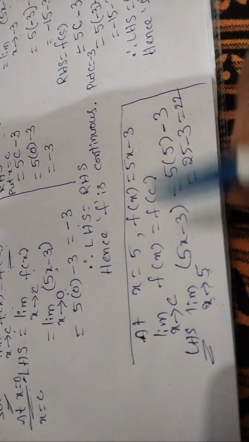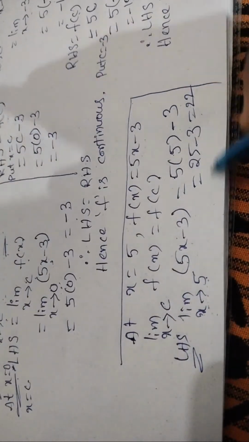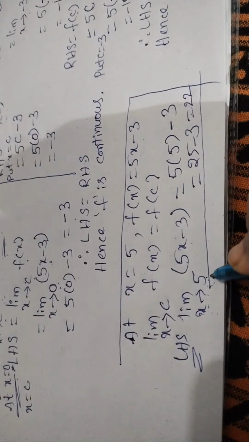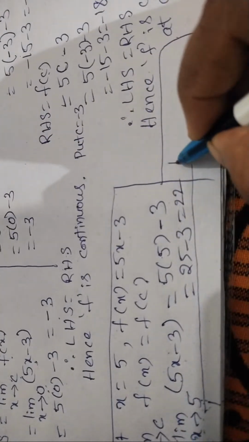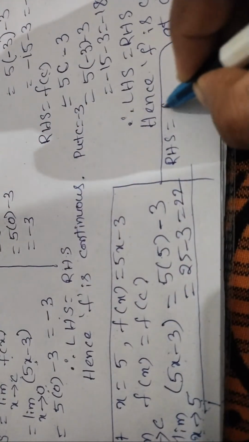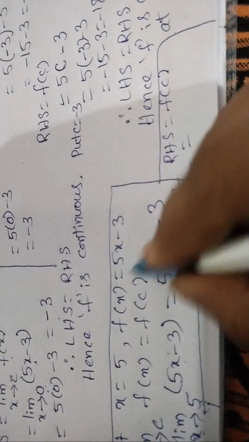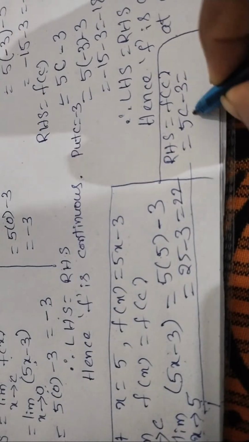Okay, next take RHS. What is the RHS here? RHS is equal to f of c. So what is the function here? 5c minus 3. What is the c value?